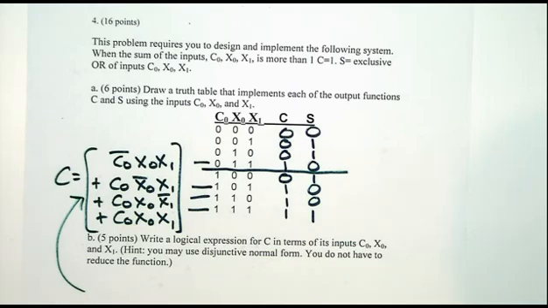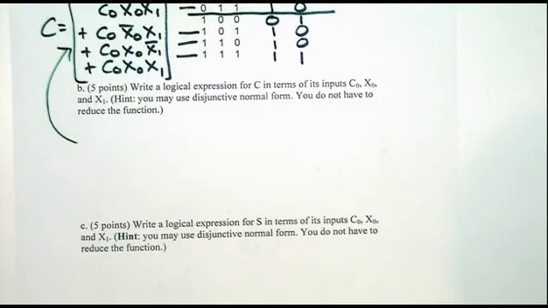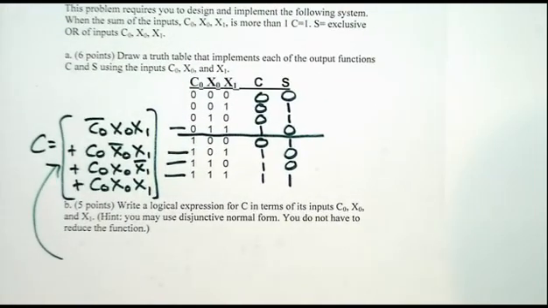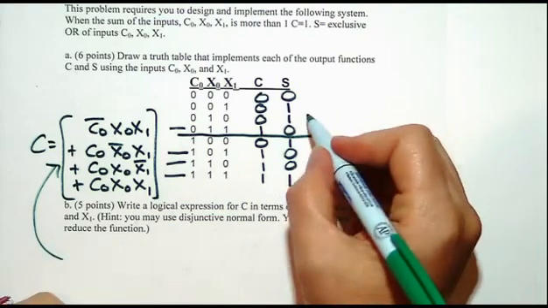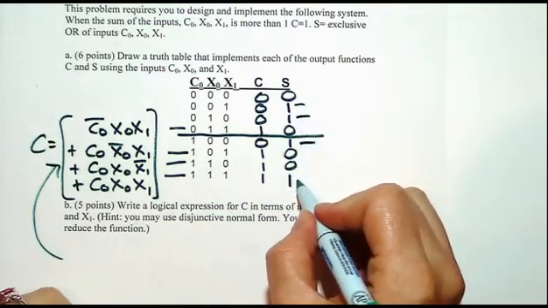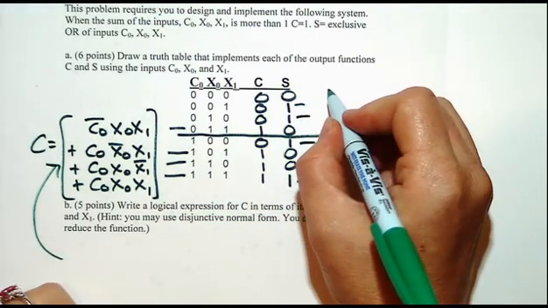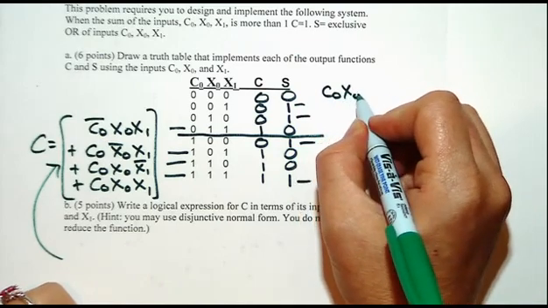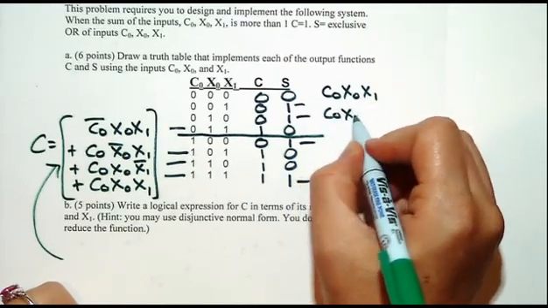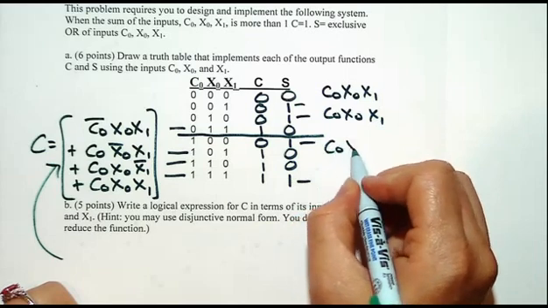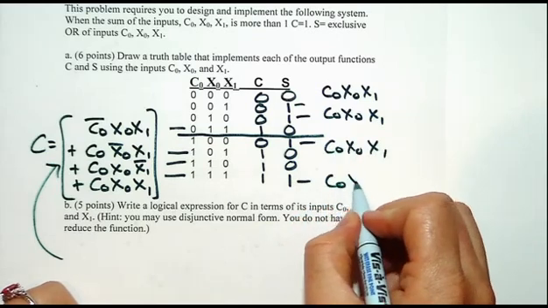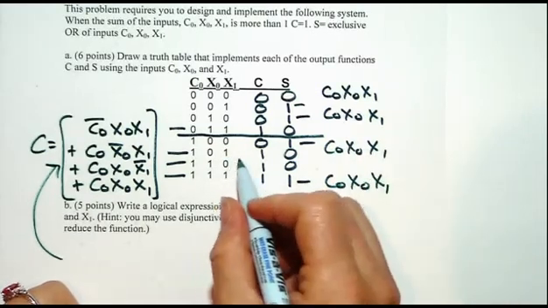Okay? So part C is to write the S equation, so we're going to write that. Okay, so we need min terms for these 4. I'm just going to write these out for all of them. Okay, and then I'm going to put the nots where they go.